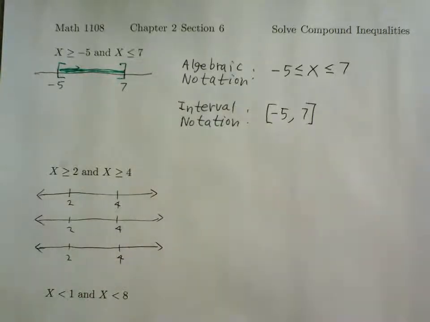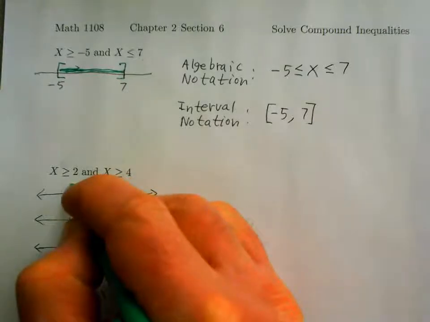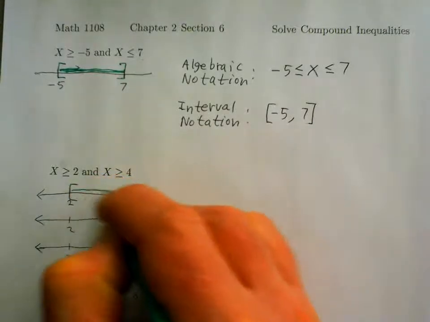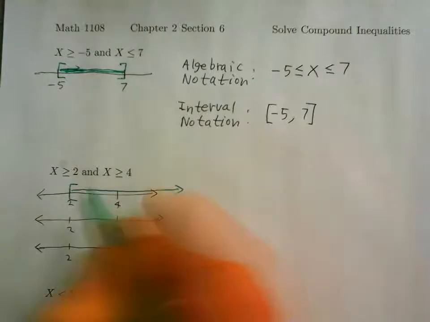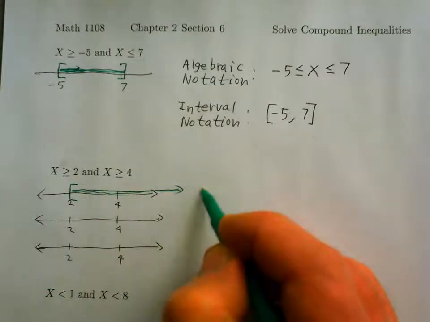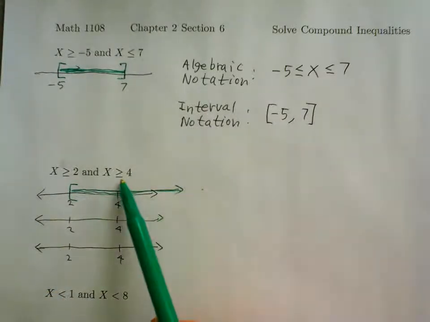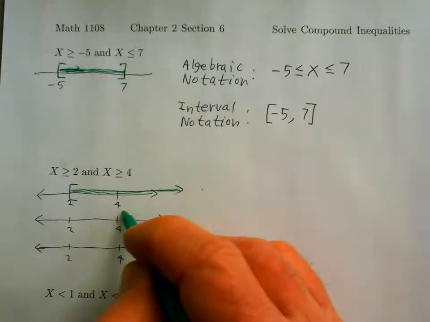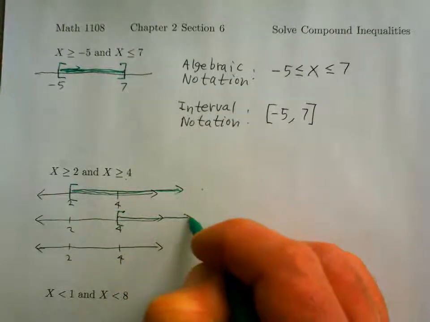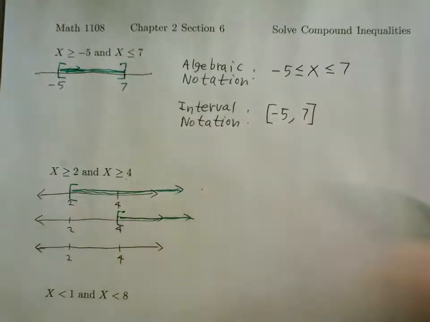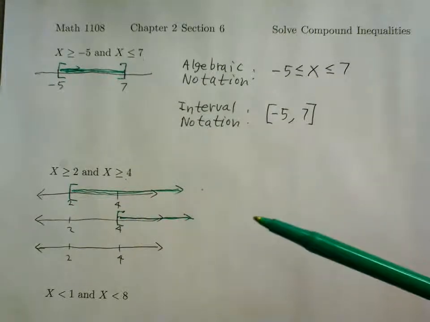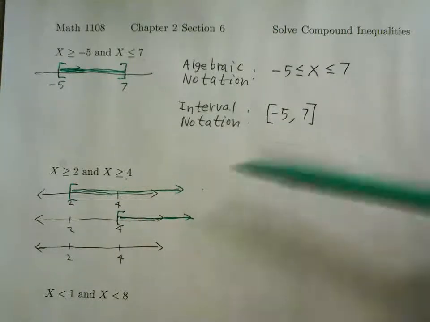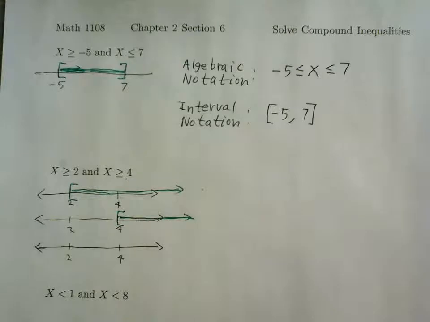Here's the one on the top. X is greater than or equal to 2. So at 2, and then we shade everything to the right, going all the way to infinity. And then the next one, x is greater than or equal to 4. We start at 4 and shade everything to the right. The intersection, where is the overlap?